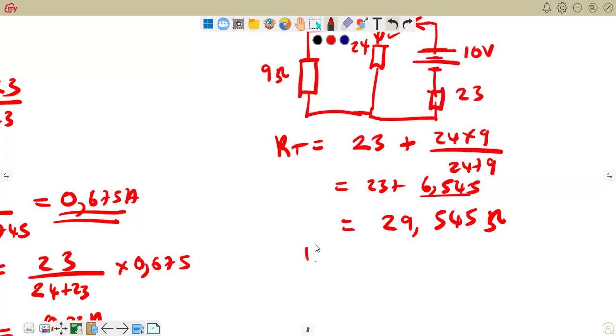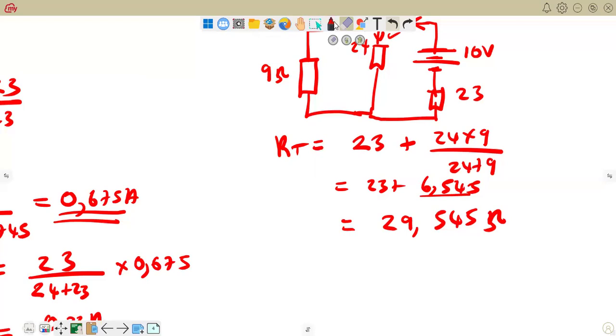So I1 is equal to, using again the divider rule, R2 over R1 plus R2. Okay, I first need to calculate the total current. Let me calculate the total current first in order to calculate I1.